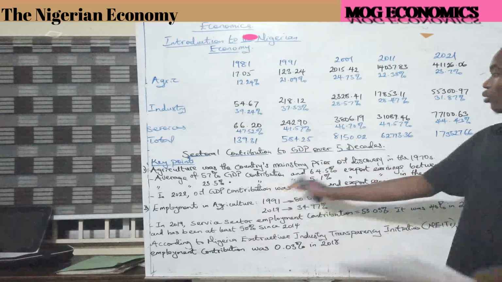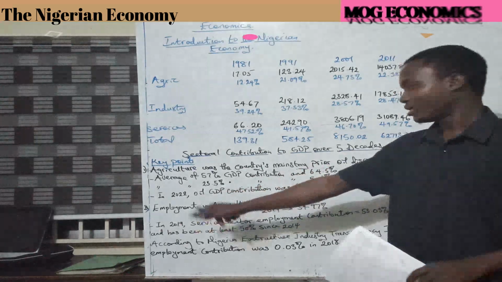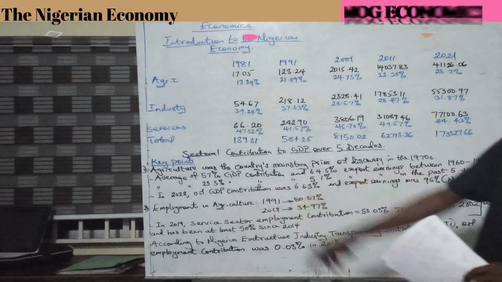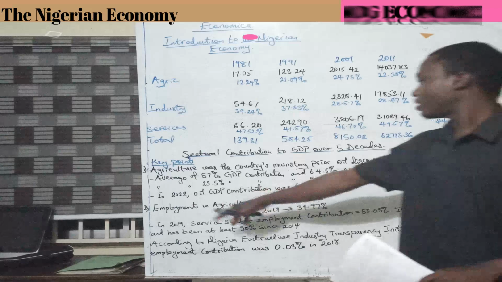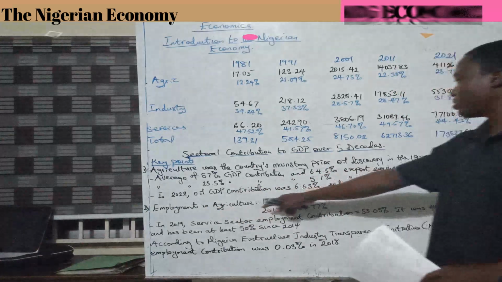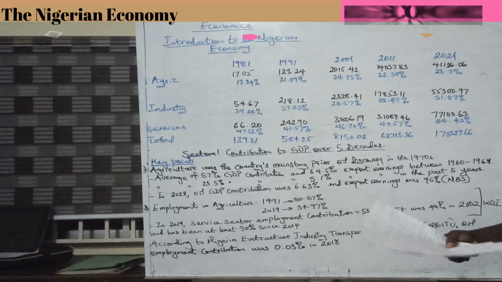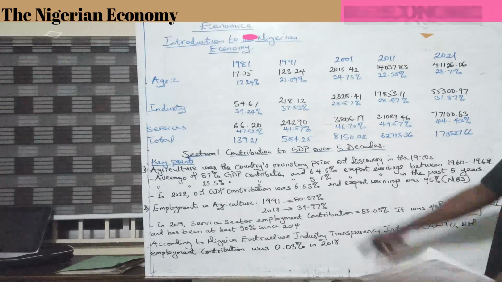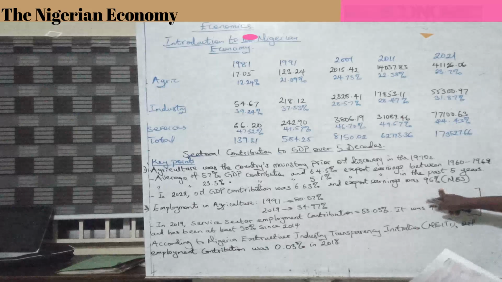Now, why did that happen? In 2022, there's another data. In 2022, oil, which is a subsector of industry, had a GDP contribution of 6.63%. So the oil subsector was contributing 6.63% to Nigeria's GDP. But let's look at the export earnings. Export earnings was 95%.